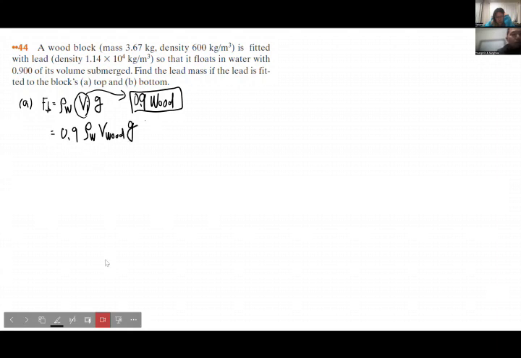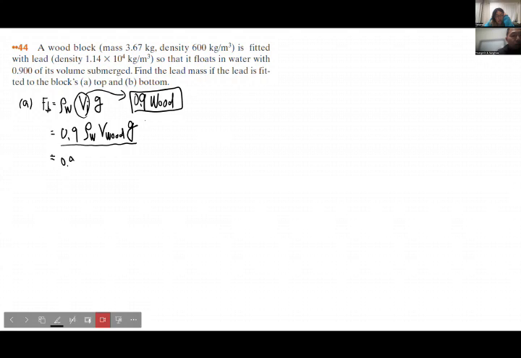Now, when floating, the buoyant force equals the weight of the wood and lead, right? So this should be re-expressed with the mass-density relation.